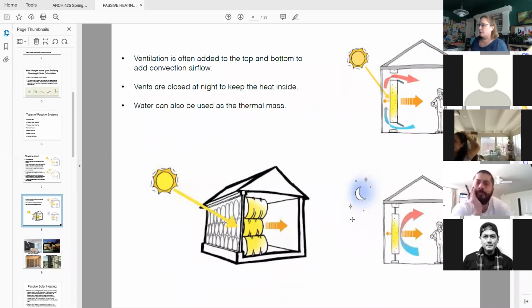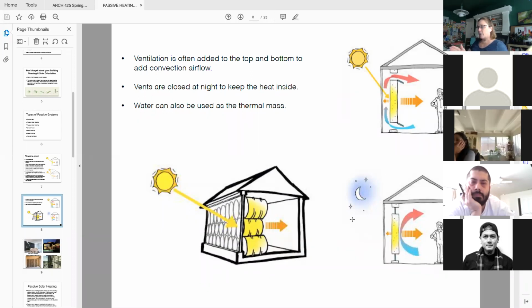There's a bunch of different configurations, like I mentioned. You can have a very simple system that's just those 3 basic components, or you can add in a ventilation component to help the system be more efficient. So if you add a vent at the top and the bottom, natural convection is going to help circulate the air. It will pull the cool air in at the bottom because cool air is lower, hot air rises.